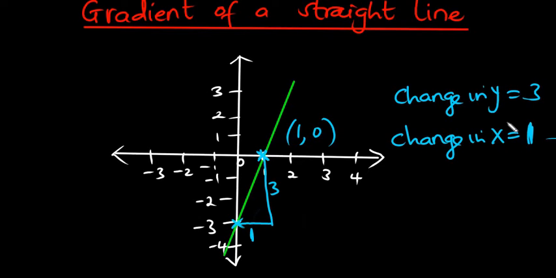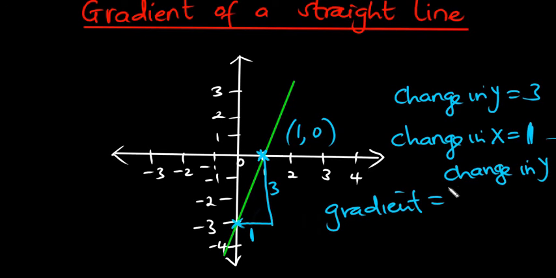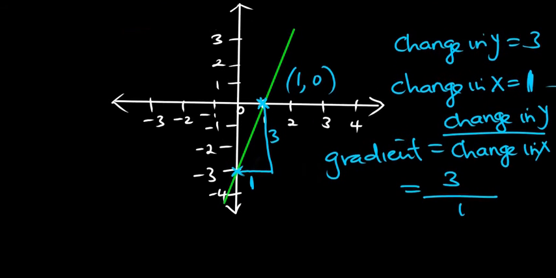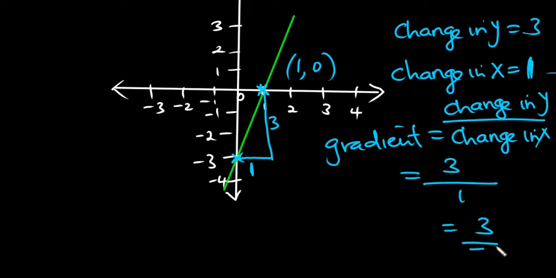The gradient of a line is equal to the change in y all over the change in x. For this case, the change in y is 3 and the change in x is 1, so this is going to be 3. So the gradient of that line is 3.